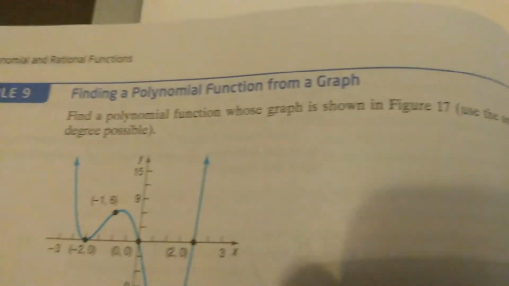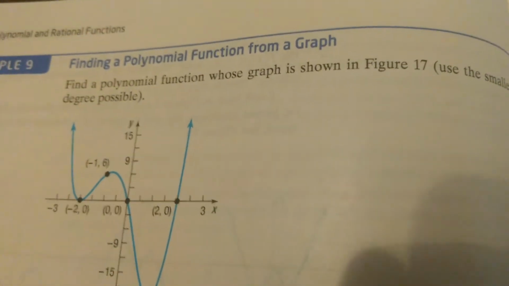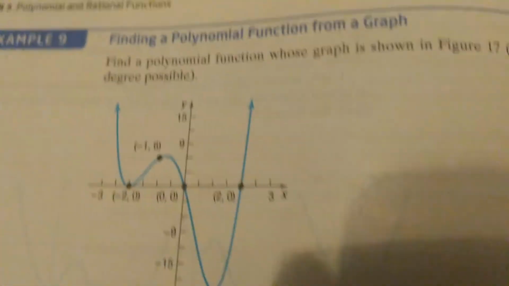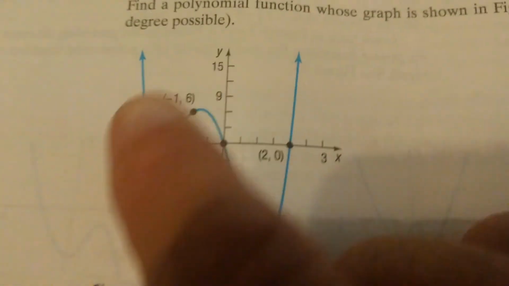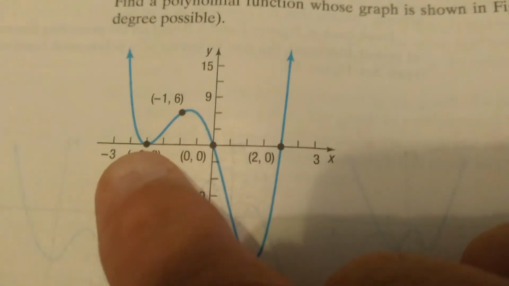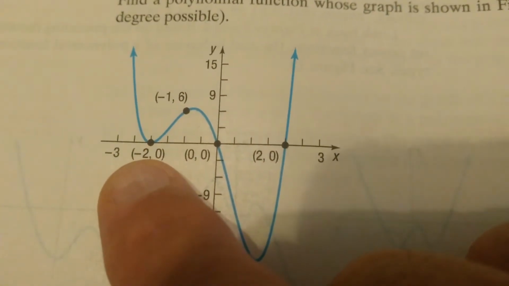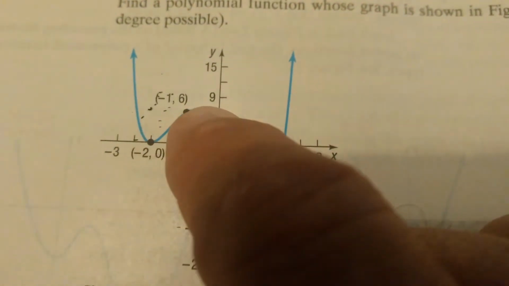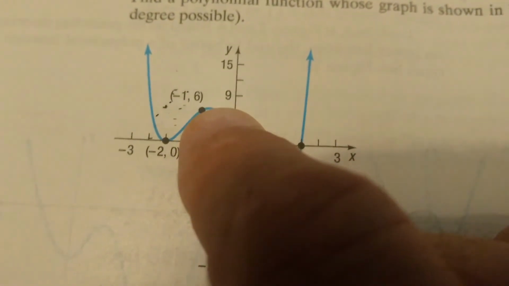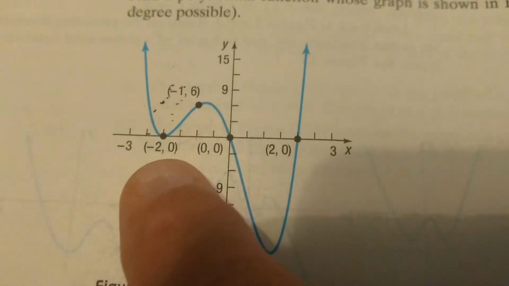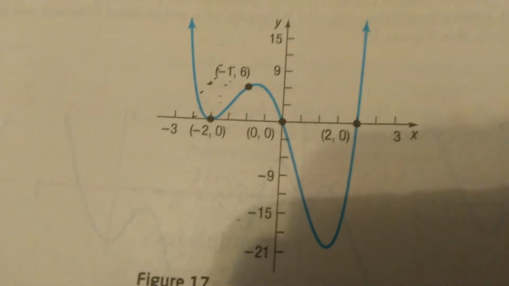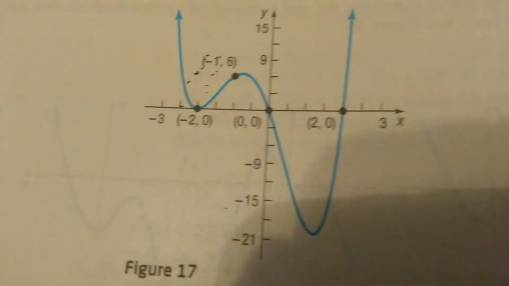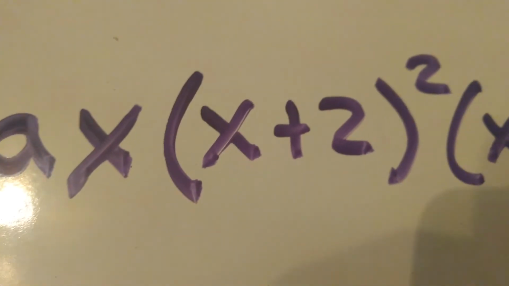Okay, this example problem says find a polynomial function whose graph is shown in figure 17. All right, so first we look at the zeros. See how this zero right here at -2 comes down, touches, and goes away. So if we take x equals -2 and add the 2 back, we find that we have the factor of x plus 2.